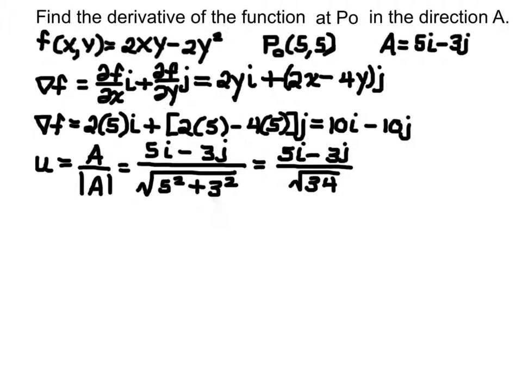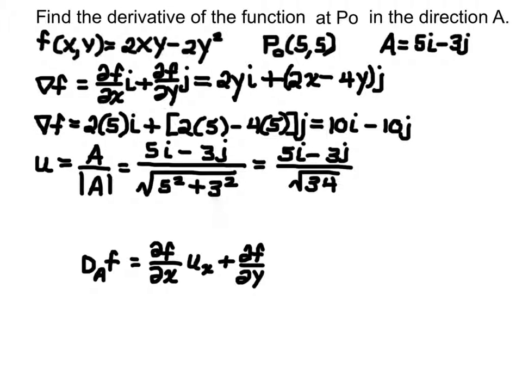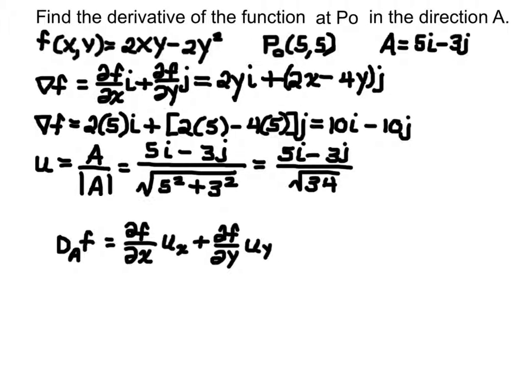Now we find the dot product, which is the partial derivative of f with respect to x times the unit vector in the x direction plus the partial derivative of f with respect to y times the unit vector in the y direction.